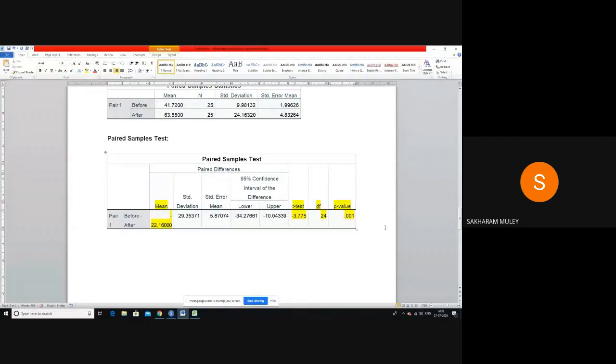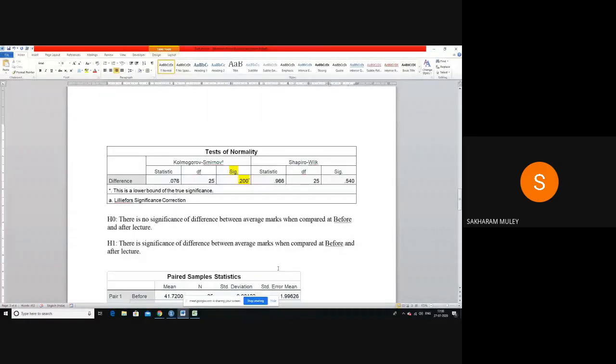The p-value is 0.001, so it is less than 0.05. Therefore what do we do? Reject our null hypothesis, and we conclude that there is a significance of difference between average marks when compared at before and after lectures.